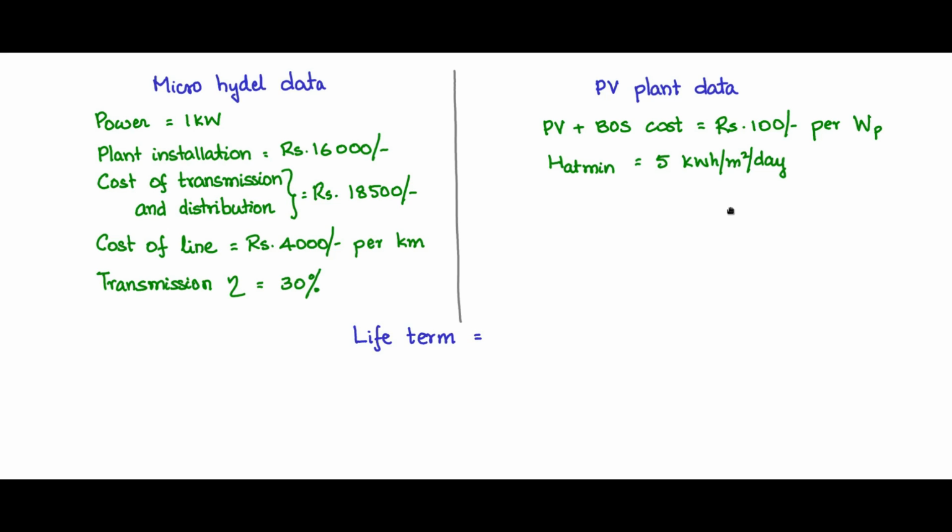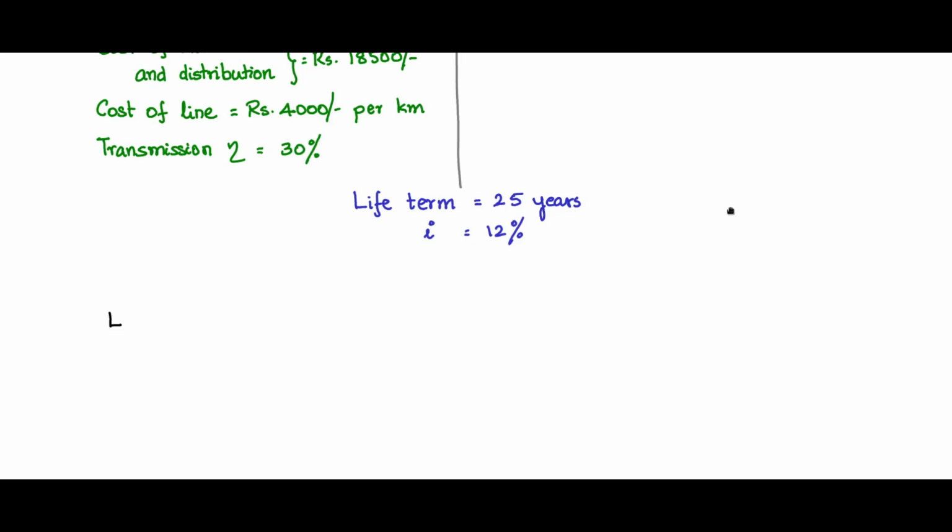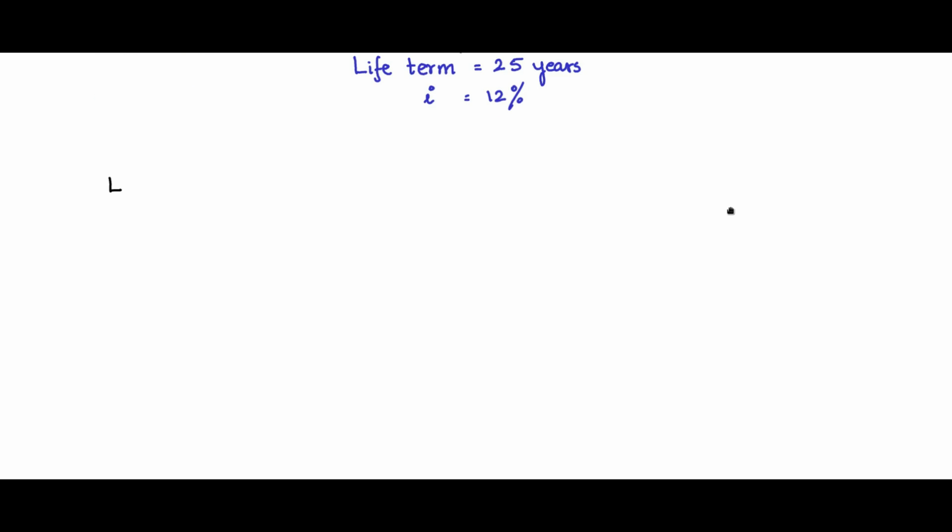Now the life term for both we will consider 25 years, and for both we will take an interest rate of 12% per year. Now let us perform this LCC, which is K plus replacement plus maintenance. Now here let us consider only the capital cost.